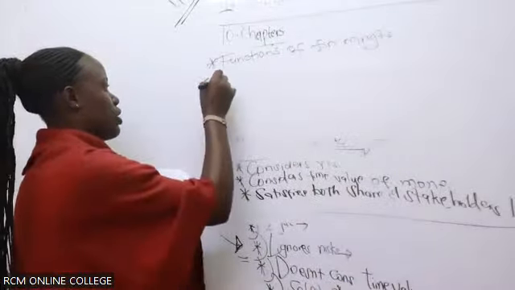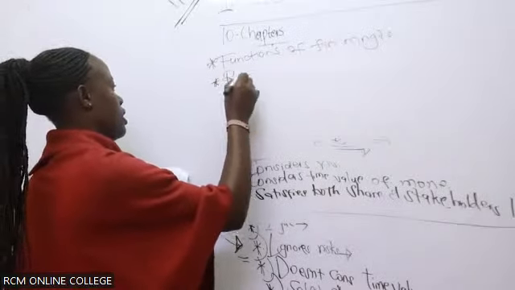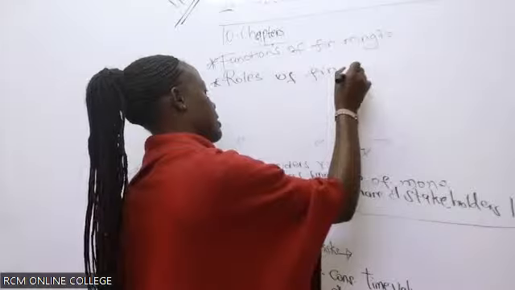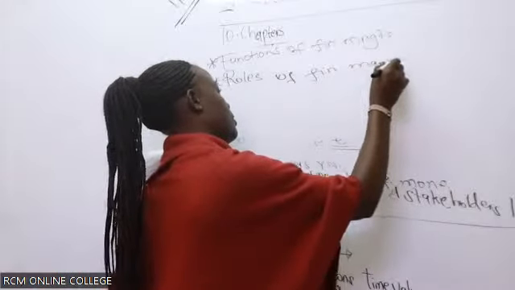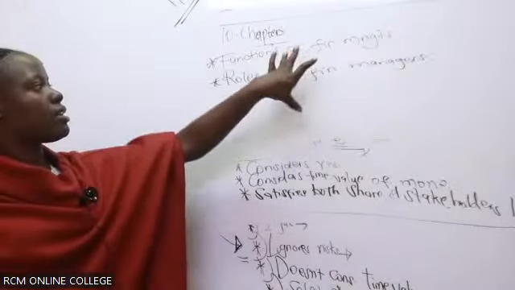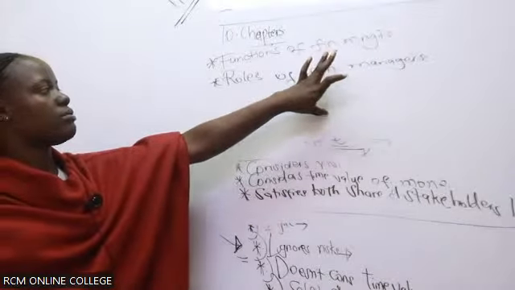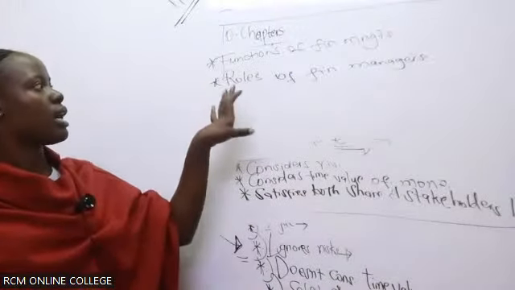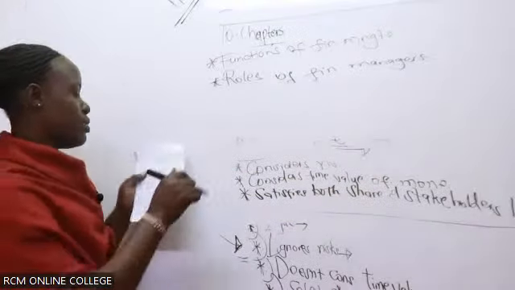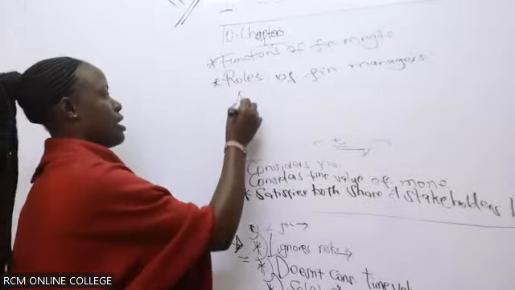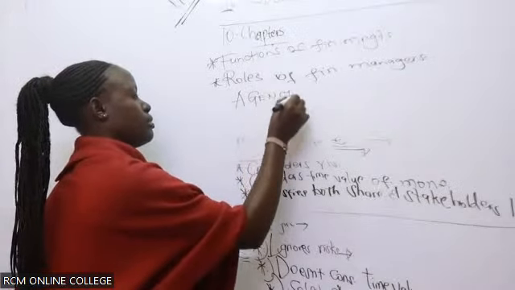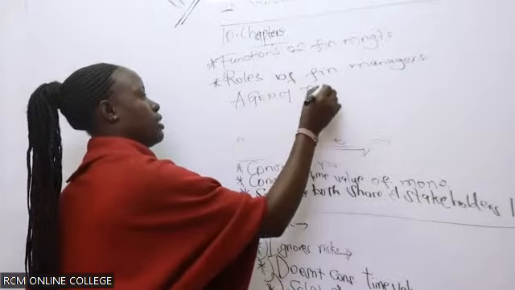At your own time, also look at the roles of finance managers. So you look at the functions of financial management and the roles of finance managers, because I want us to proceed to agency theory.